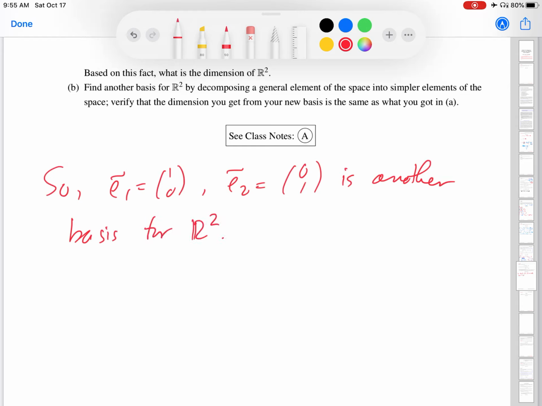Dimension count: the dimension of the space is the number of elements in the basis. This one has 2 elements. So once again, the dimension of R2 is 2, which is what we got in part A and certainly what we would expect.